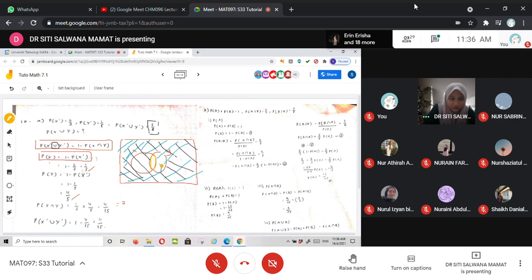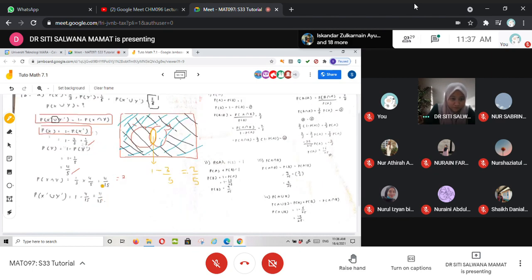Okay, boleh so 3 over 5 dekat luar lah semua sekali selain daripada intersection. Okay, so that intersection give you 1 minus 3 over 5. Okay, so yang ni you akan dapat 2 over 5. Okay, intersection 2 over 5. Yang ni lah you punya salah ni. Ataupun you ganti je kat sini.